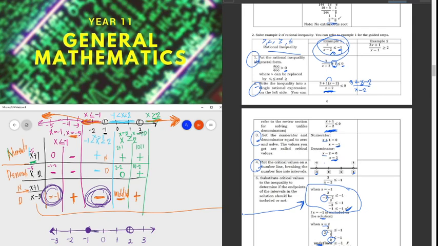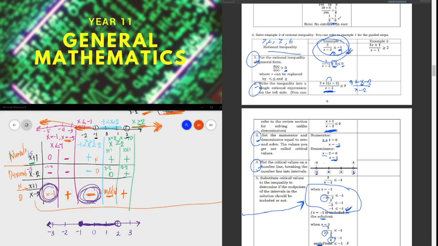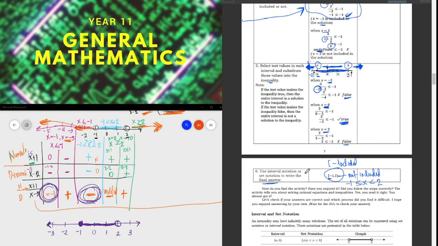So I'm just going to shade this again thicker. Meaning only these numbers are the solution, or will make this true. So as you can see here, this is the solution and we still have the same answer.